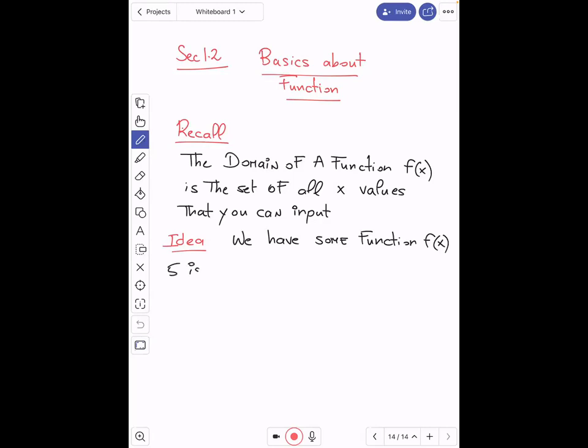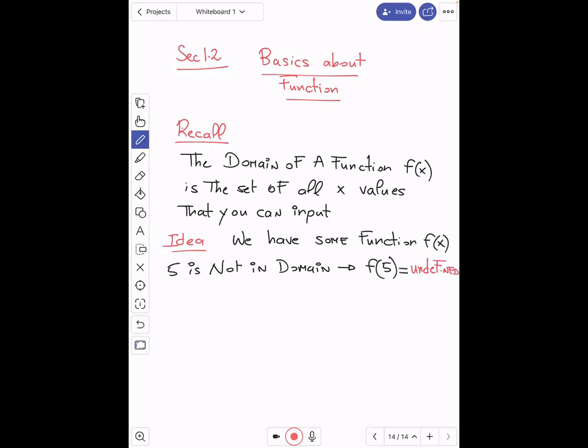That means that f of 5 is actually undefined. And what do I mean by undefined?